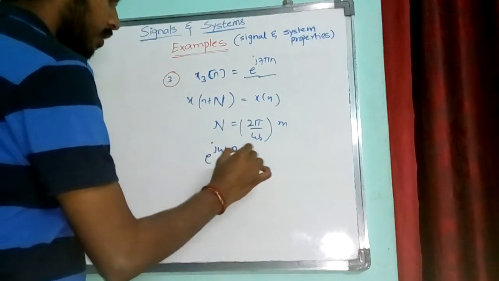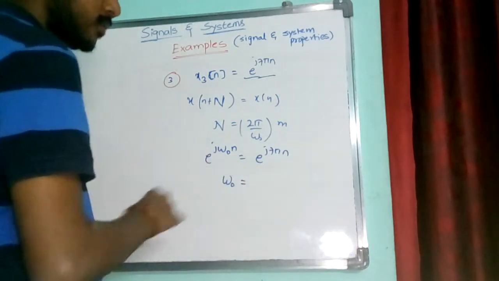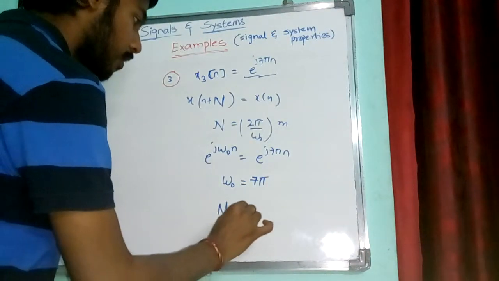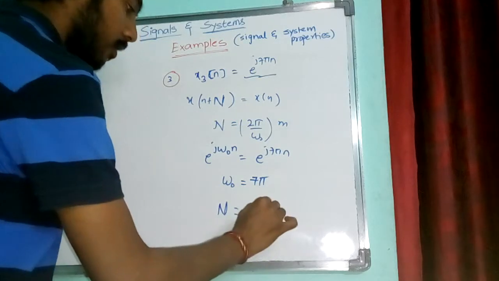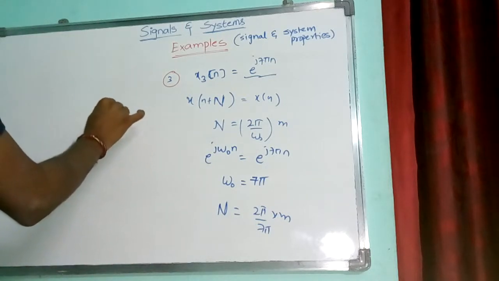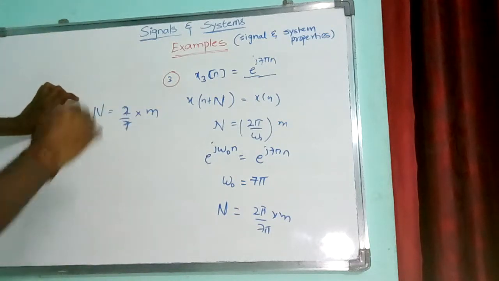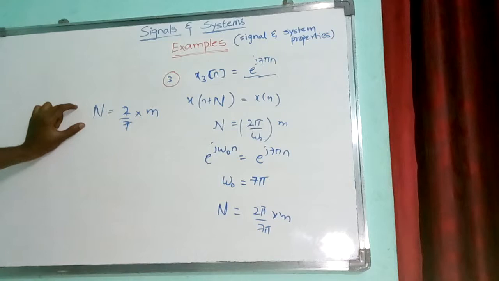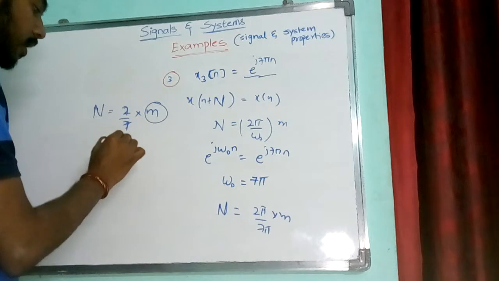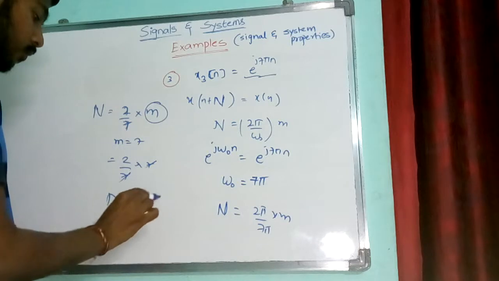e power j omega n, then omega naught is 7 pi. Then N is given by 2 pi by 7 pi into some m. Now N is 2 by 7 into m. For N to become an integer value, m should be equal to 7. 2 by 7 into 7 gives me N equal to 2.